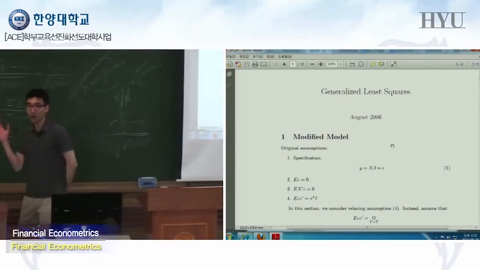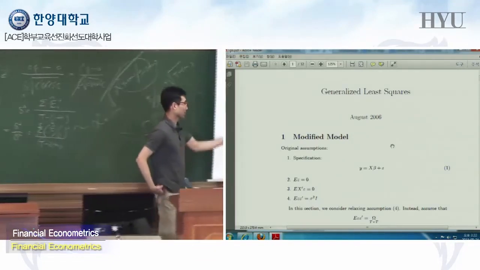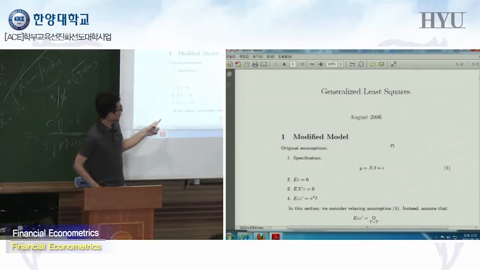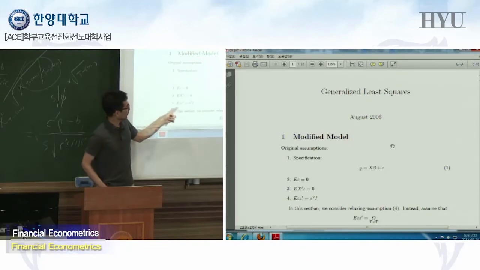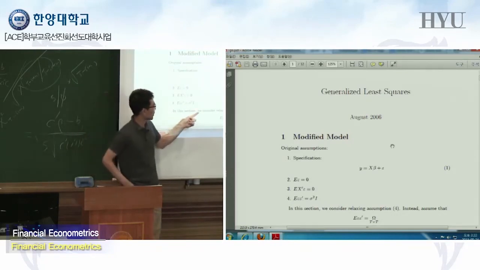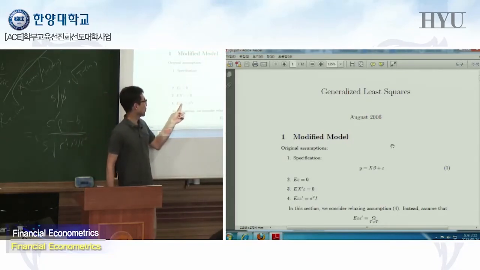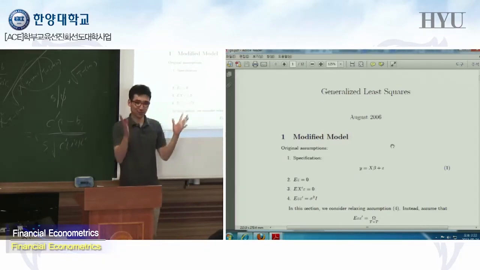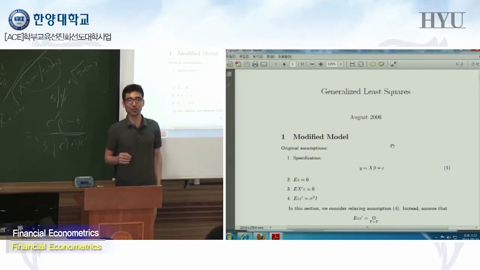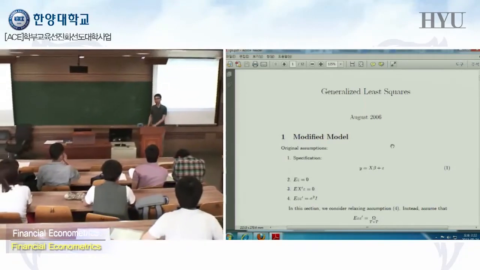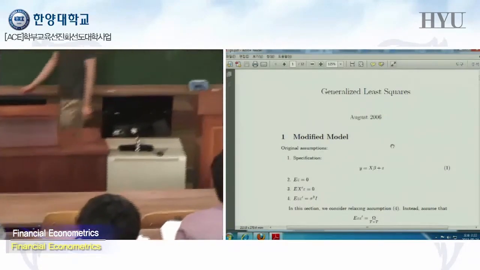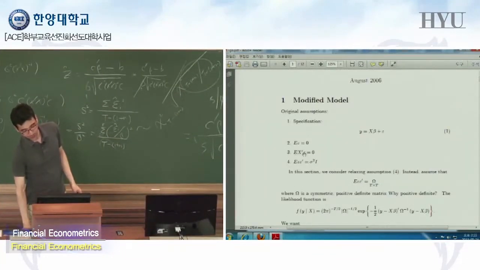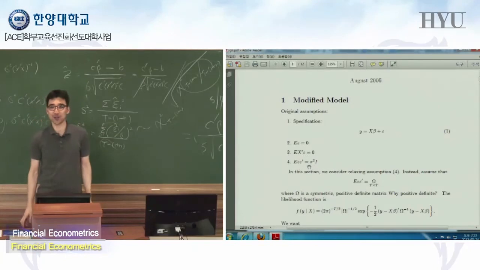Now we want to relax this assumption. So we consider relaxing assumption 4. Instead we assume that the expectation of epsilon epsilon prime becomes some T by T matrix omega. We want to generalize. Our question is what's going to happen if we don't have this simple assumption anymore?